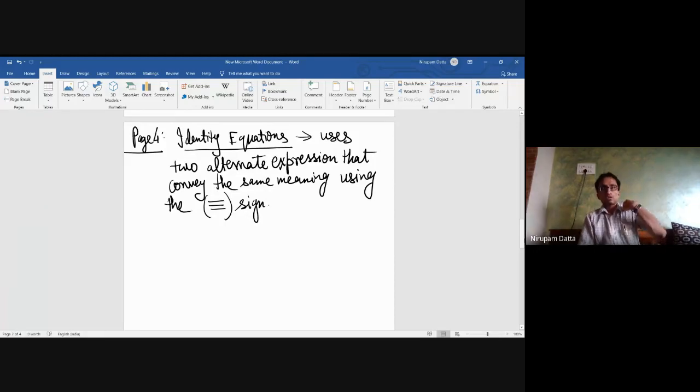So identity equation uses two alternate expressions that convey the same meaning.